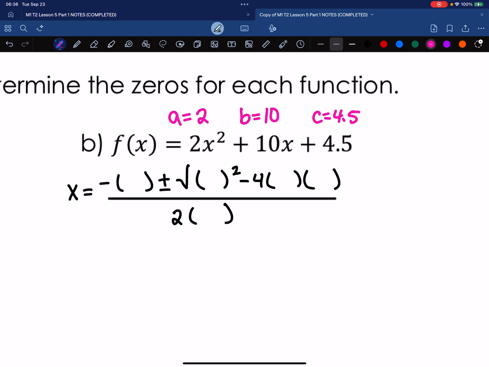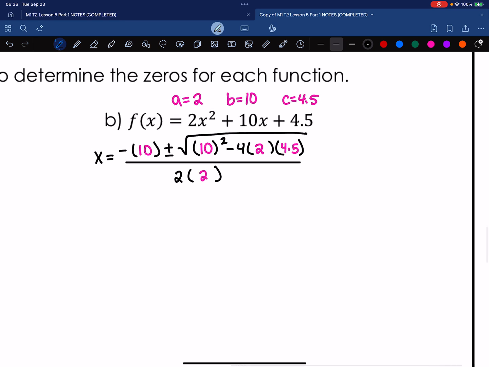So again, negative b plus or minus the square root of b squared minus 4 times a times c all over 2a. And then let me put the top on the radical.